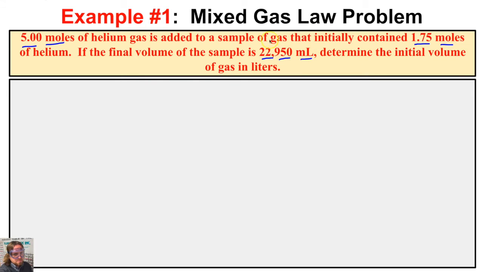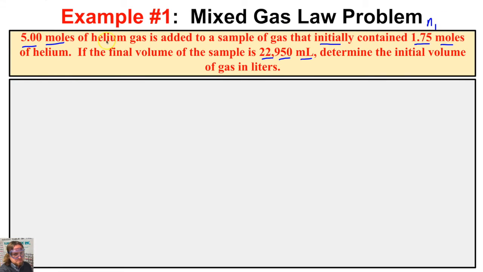If we take a look, this tells us that the sample of gas initially contained 1.75 moles. What does initially mean? That means originally, the very first, right? Starting out, that's what it contained. So 1.75 moles, we know that n is the variable we use for moles, and since it's telling us right here that it initially contained this many moles, this is going to be our n1. And if we read this word problem, 5.00 moles of helium gas is added to this amount.